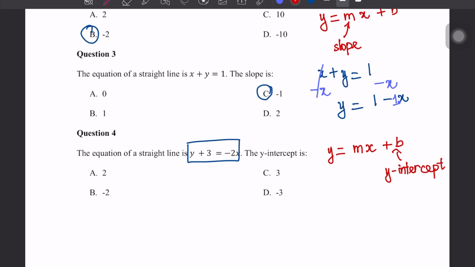So now you need the formula of y equals something. I will subtract both sides by 3. y equals, this one will cancel out, negative 2x minus 3. Minus 3 would be your answer. So D.